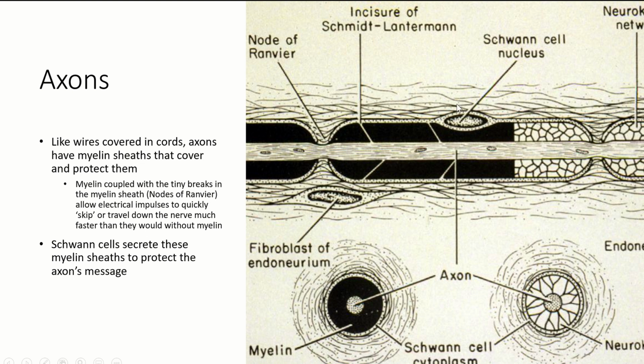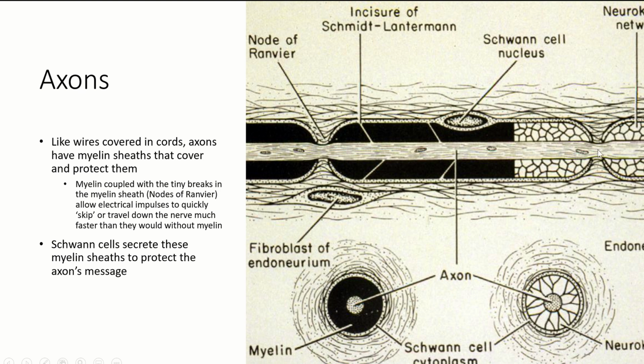So these Schwann cells will wrap around an axon, and they'll create this thing called myelin to protect them, wrap around the axon, okay? And in between each little Schwann cell, there's a break in the myelin, and that is called a node of Ranvier, nodes of Ranvier, okay?